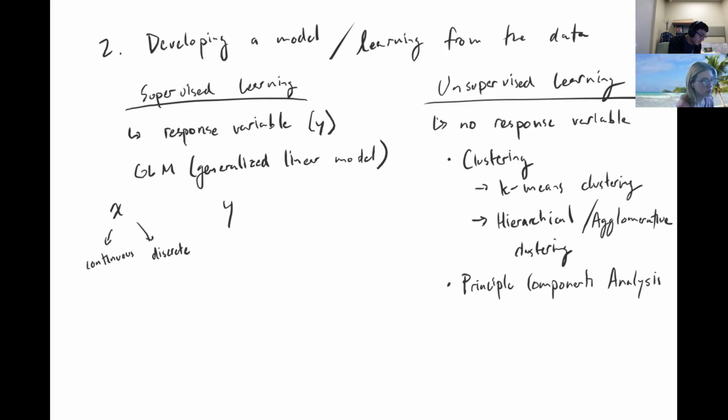For discrete, we are usually doing this with dummy variables, and with continuous, it's just as we've discussed throughout the class, being able to treat the relationship between your X and your Y as continuous. And then for your Y, you have also continuous response variables as well as discrete response variables.